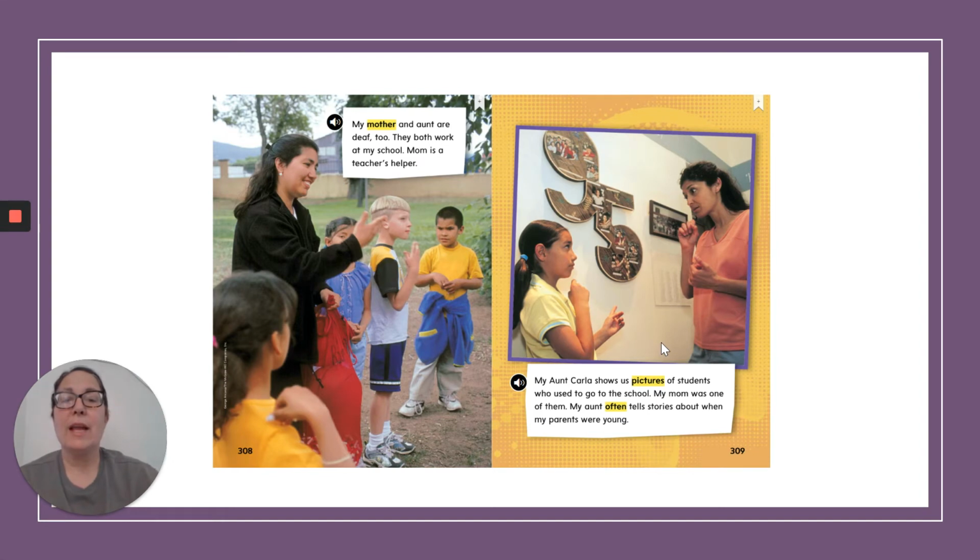My mother and aunt are deaf too. They both work at my school. My mom is a teacher's helper. My Aunt Carla shows us pictures of students who used to go to the school. My mom was one of them. My aunt often tells stories about when my parents were young.